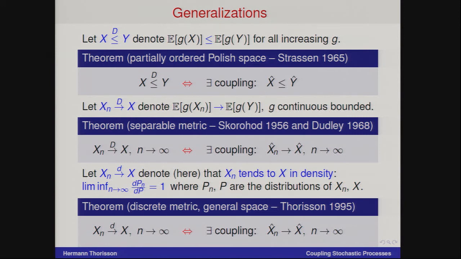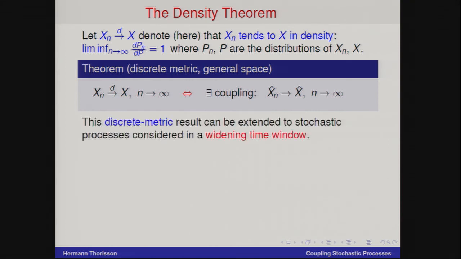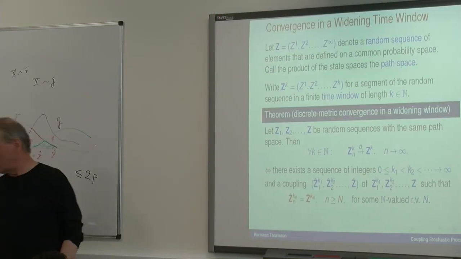Yes, I just took away the red stuff. This is what we have done now. Okay, so now look at this thing here. The density theorem. It's just what we had. This discrete metric result can be extended to stochastic processes considered in a widening time window. And here is that theorem.